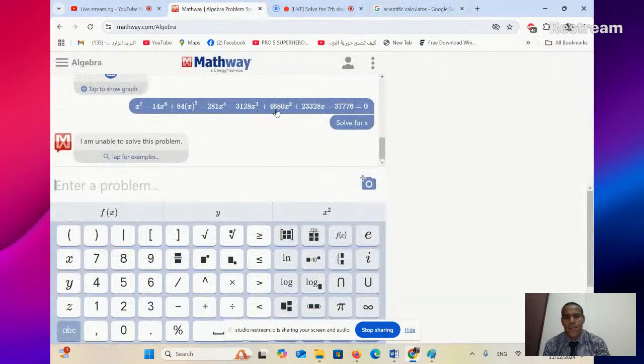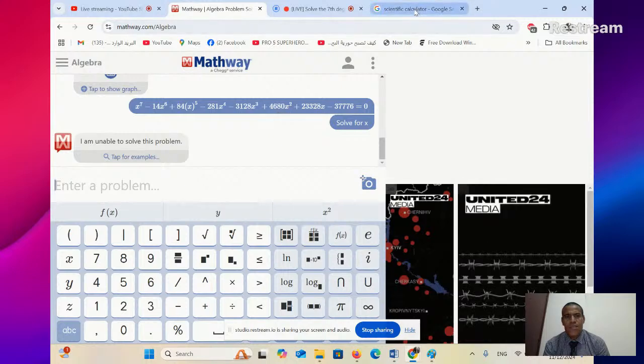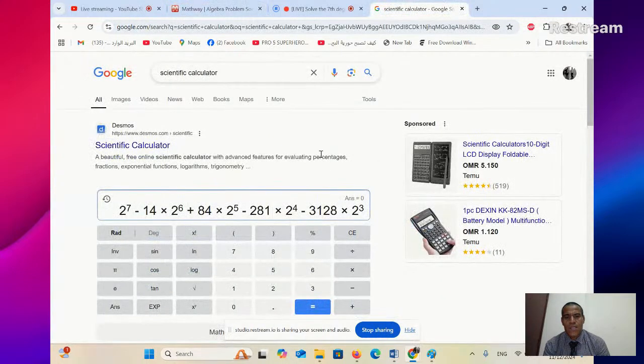Now plus 4,680 times 2 to the power 2. I will write the equation as it is.